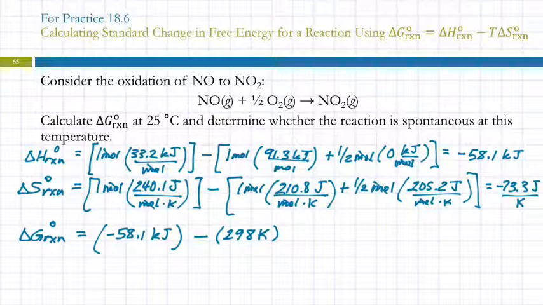Times delta S. So here we've got delta S. Again, this is joules, and the other one is kilojoules. And I think kilojoules is a better choice because I'm subtracting this thing from kilojoules, so kilojoules is probably going to be a more appropriate unit. So this is going to be negative 0.0733 kilojoules per Kelvin.